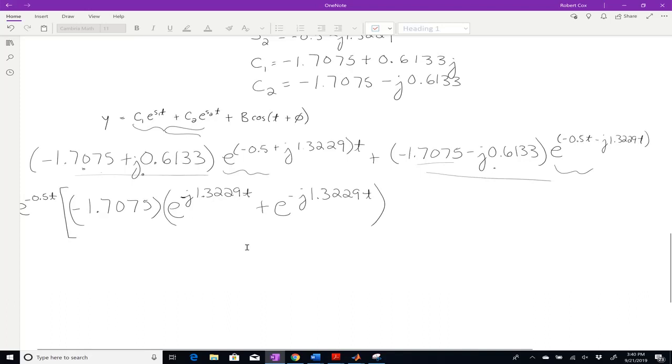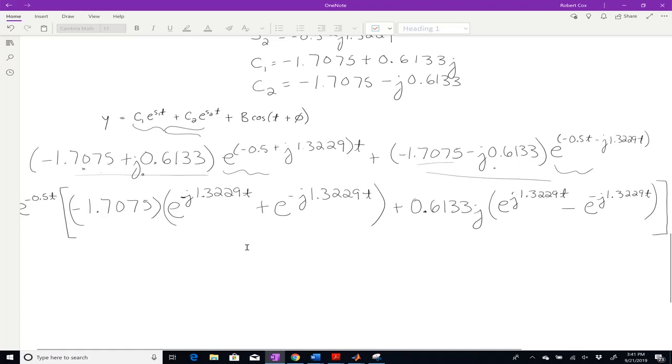In this case, I'm going to say plus 0.6133j times e to the j 1.3229t minus e to the minus j 1.3229t, like so.